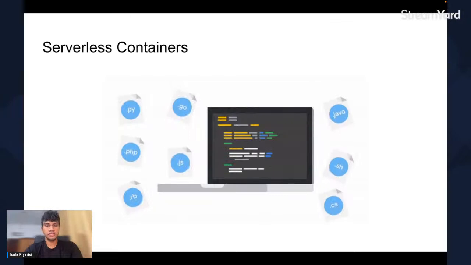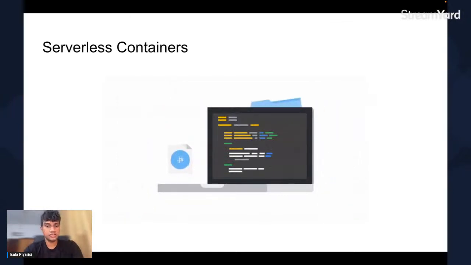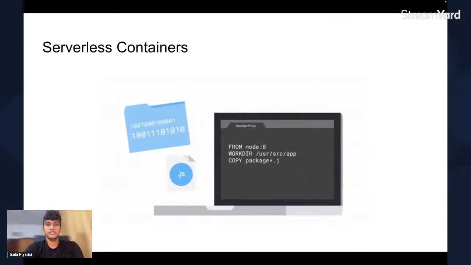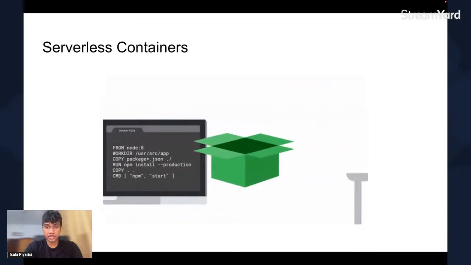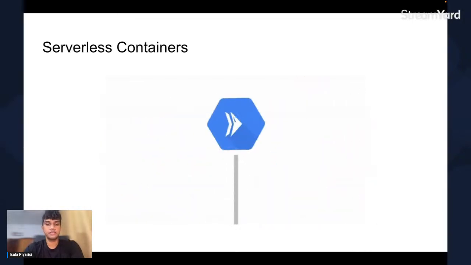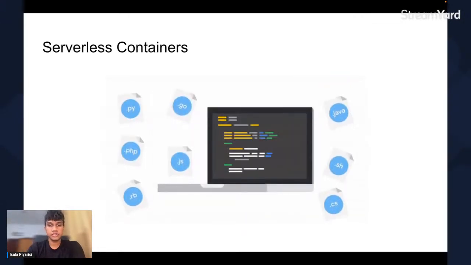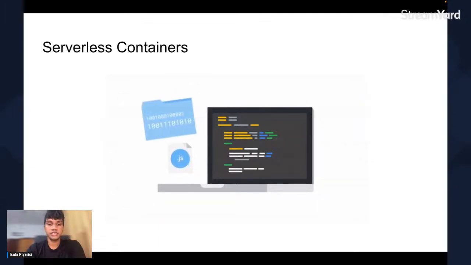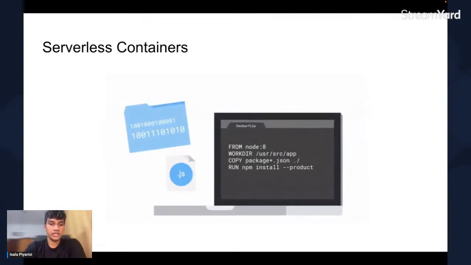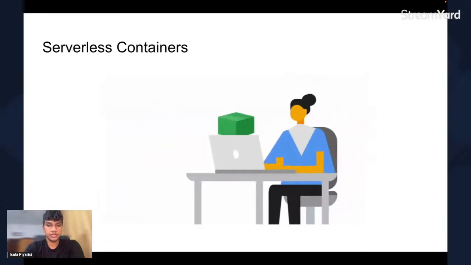One of the key benefits as a developer is the flexibility to write our programs in any programming language or framework we like, and if we can containerize it and expose an HTTP endpoint, it can run on Google Cloud Run.